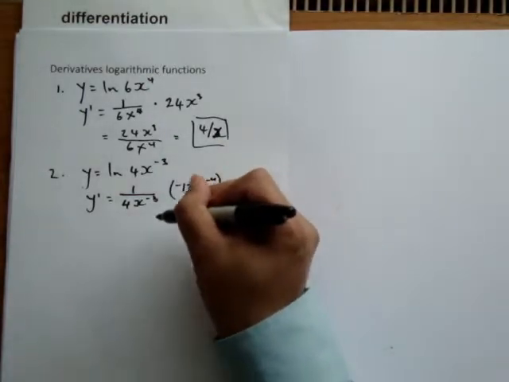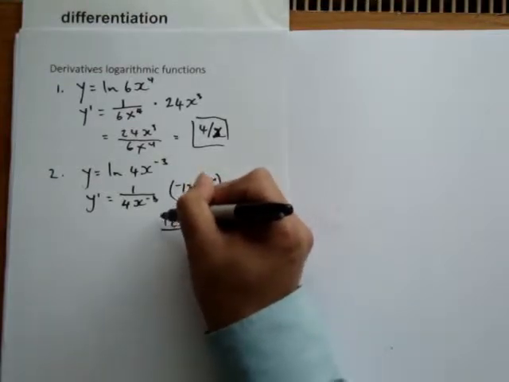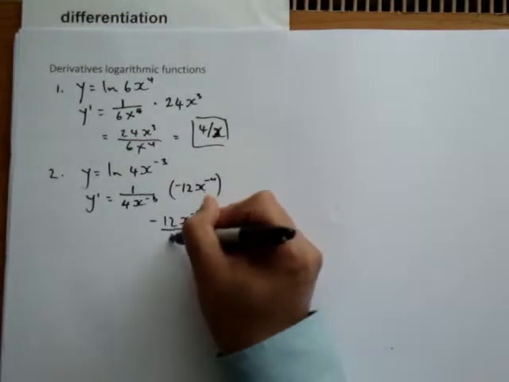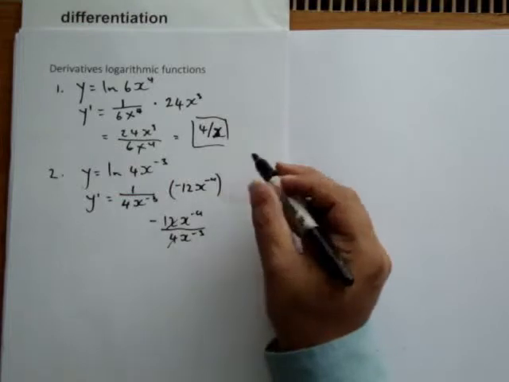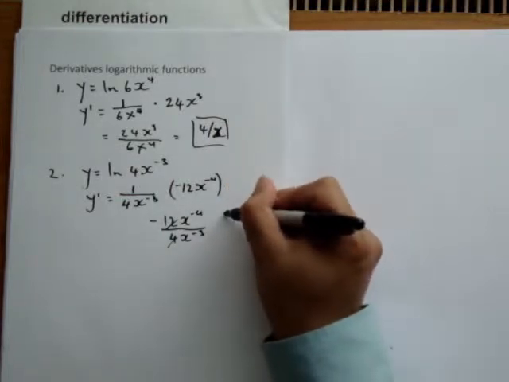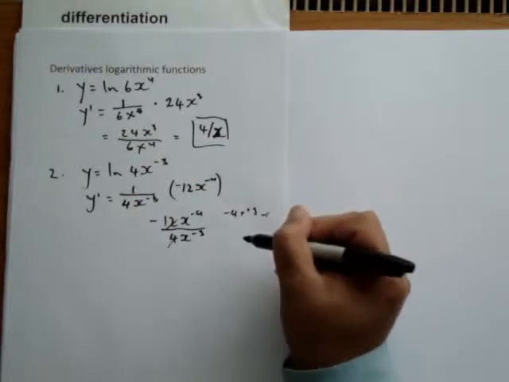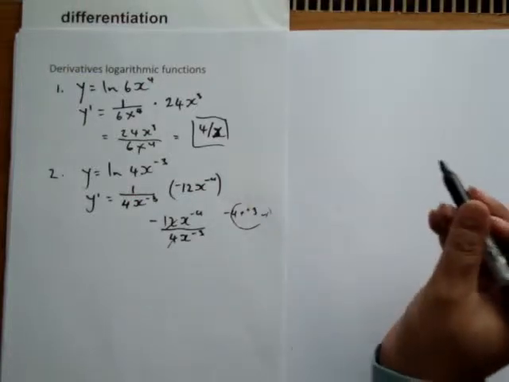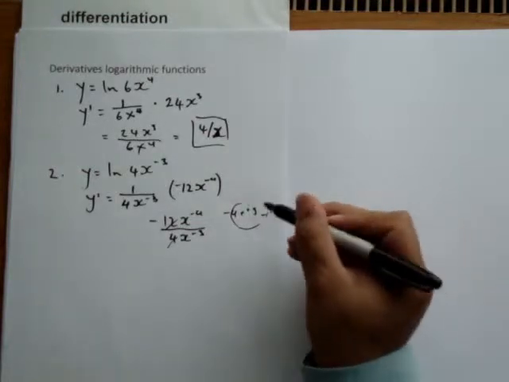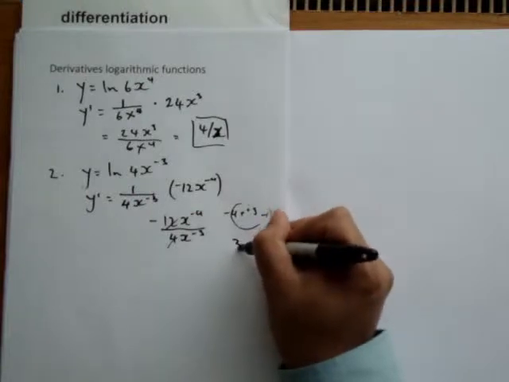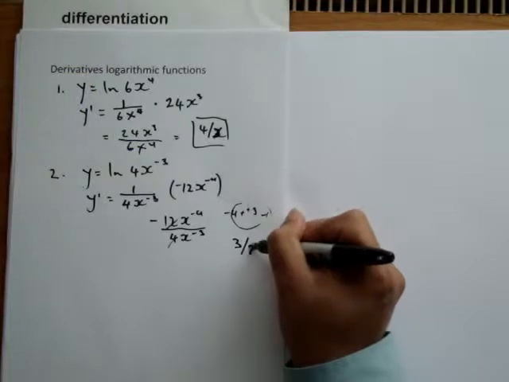Rearranging, we get minus 12x to the minus 4 over 4x to the minus 3, these cancel, minus 4 minus minus 3, we get minus 1, so those are the powers, so the answer would be minus 3 over x.